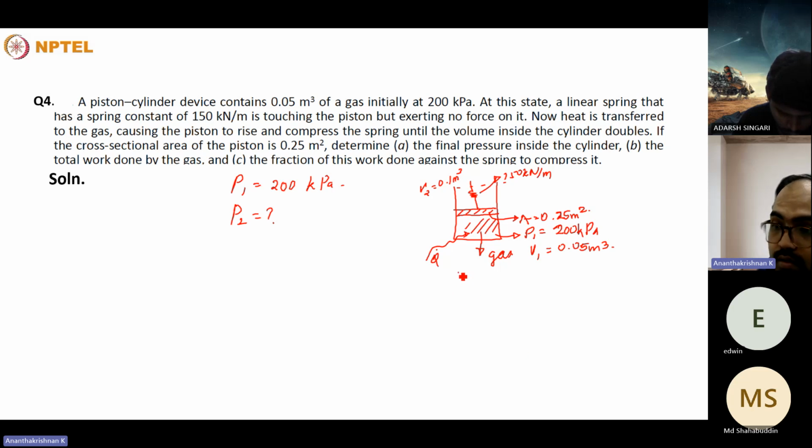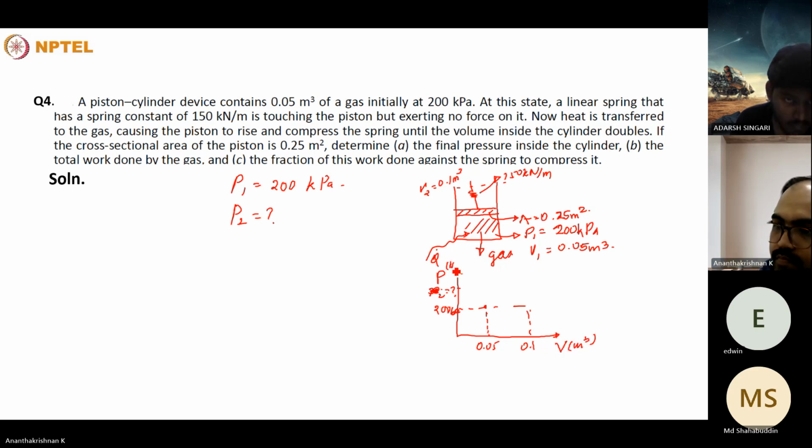We can denote the process in a PV diagram, PV plane. The initial pressure is 200 kilopascal and final pressure is P2, and we need to determine it. Initially the state point 1 will be 0.05 and the final state point will be equal to 0.1 meter cube. This is a linear spring.